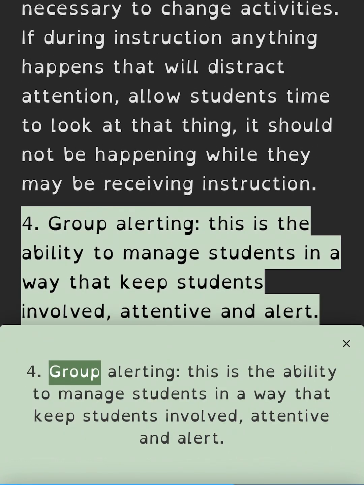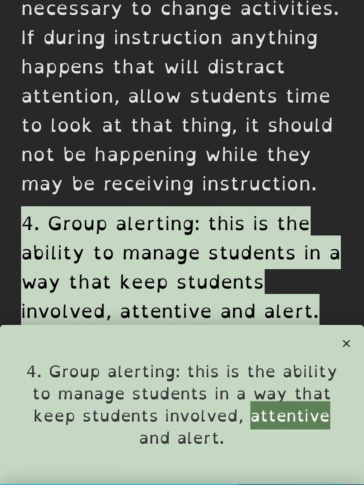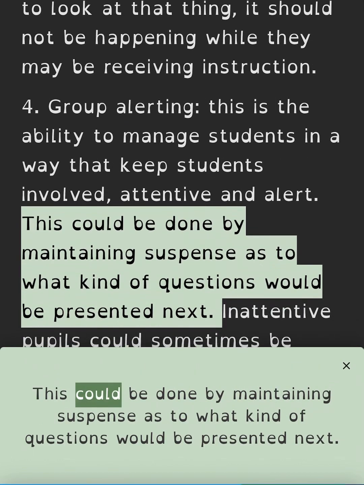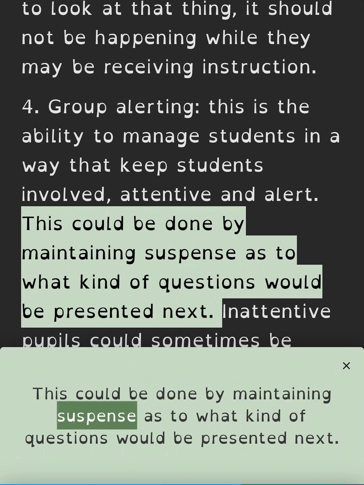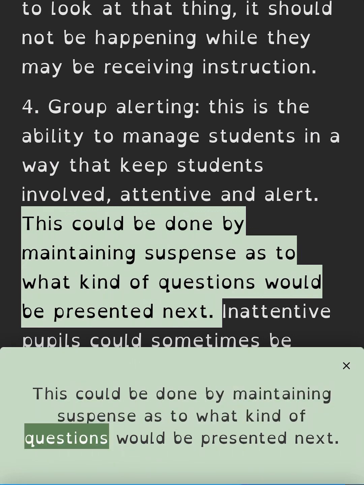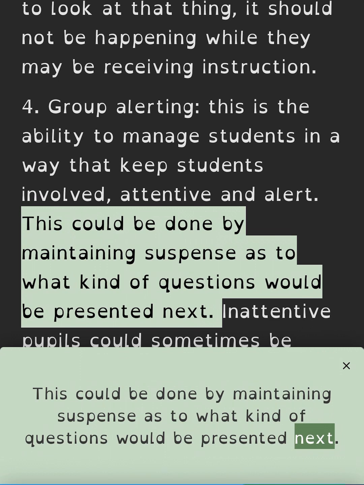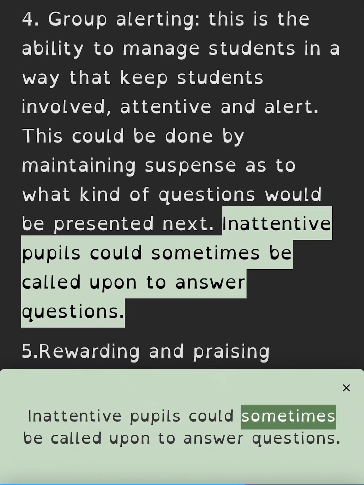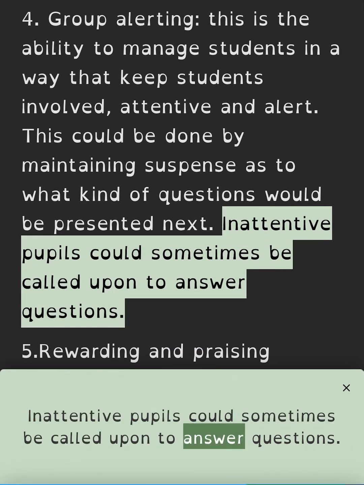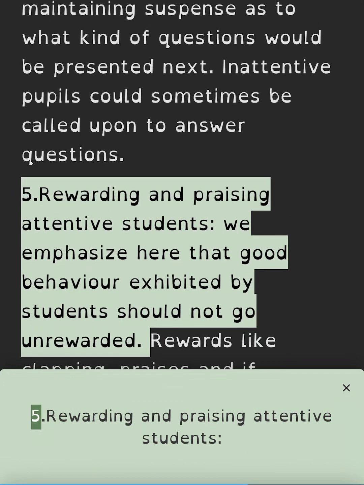4. Group alerting. This is the ability to manage students in a way that keeps students involved, attentive and alert. This could be done by maintaining suspense as to what kind of questions would be presented next. Inattentive pupils could sometimes be called upon to answer questions. 5.